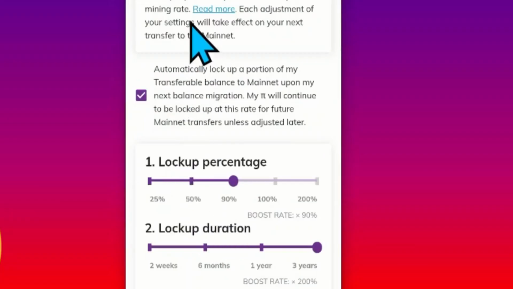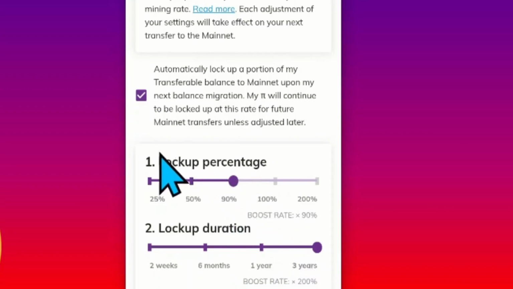You will see the configuration of the lockup for this account is this. The owner locked up about 90% of his pie. So the lockup selected is 90%, which means for every pie migrated into the wallet, 90% will be locked up, while the remaining 10% is released.